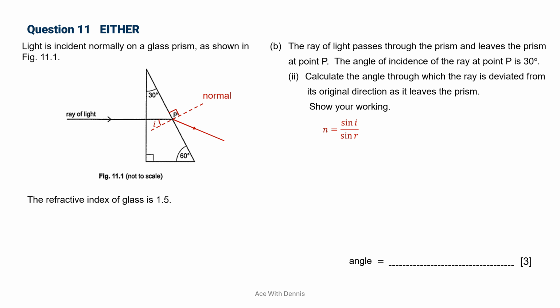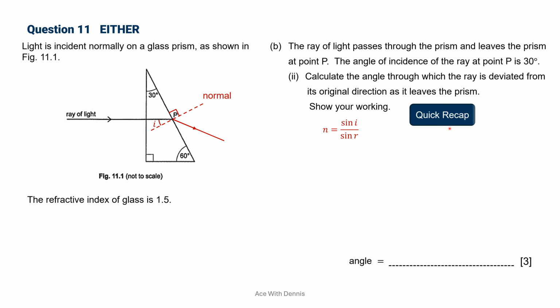But you have to be careful when you use this formula, because this angle of incidence and angle of refraction are different from the I here. This I and r are the angles when the ray enters the prism. In other words, when the ray enters the prism, it will follow the same path, but the I is this angle and the r is this angle.